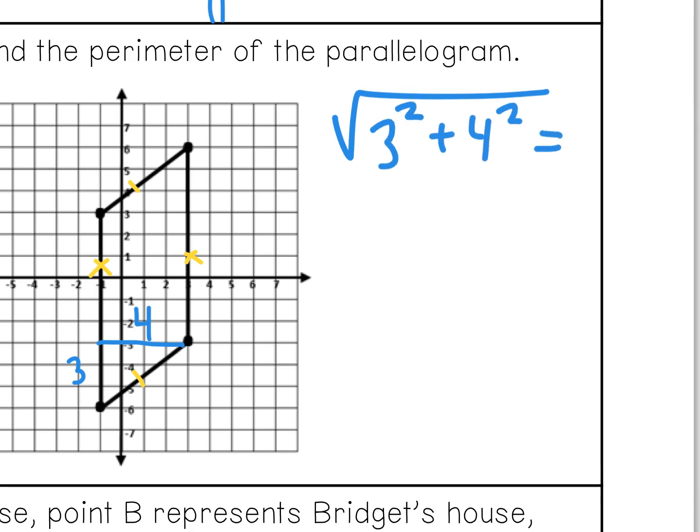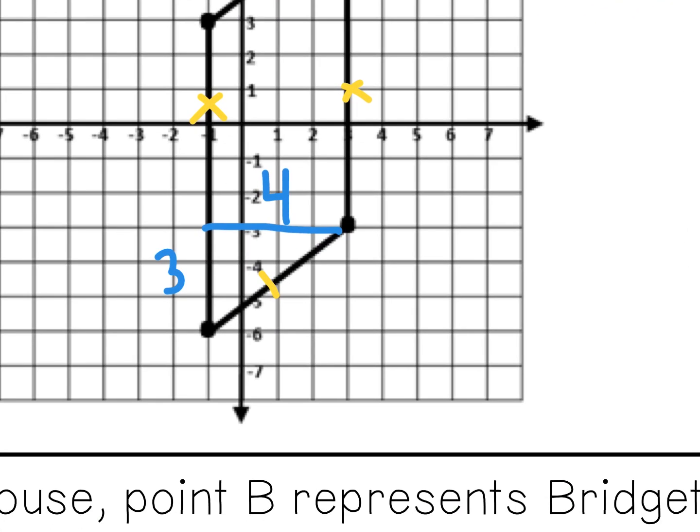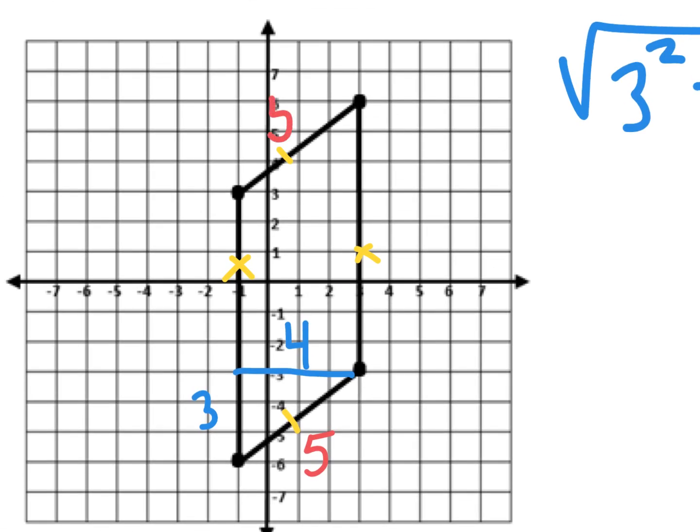What's that value? 5. Okay, this one is really, really common. 3 and 4 is really common. So you should know 3 and 4 is 5 by now because we've seen it over and over. So that means the piece down here is 5 and the piece up here is 5.